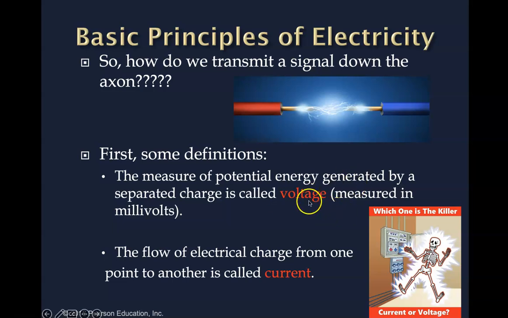So when we have a separation of charge across the membrane, maybe positive on the outside and negative on the inside, the current is when we open up one of those channels and allow the flow of ions. Those positive ions are typically going to be attracted to those negative ions, right? Opposites attract. And that's what current is, the flow of that electrical charge.